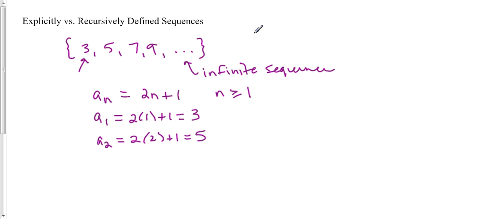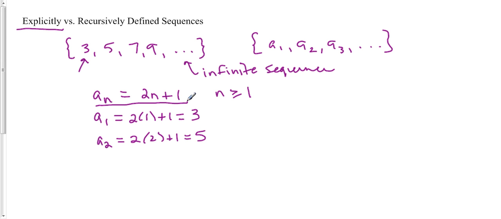If we were going to write the sequence in general, I might say that I have an A1 term, an A2 term, an A3 term, and then if it was an infinite series, I would have my dot, dot, dot. Now this is an example of an explicitly defined sequence. It's explicit because I can calculate any random term that I want without knowing any other element in the sequence, just by looking at this general formula.